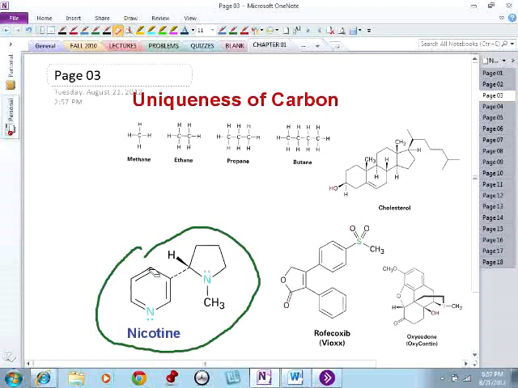That's what you see here. This carbon here and this carbon here are doubly bonded to each other. That is another unique feature of carbon. It's one of those few elements that is capable of bonding multiply to itself in order to form a stable molecule.